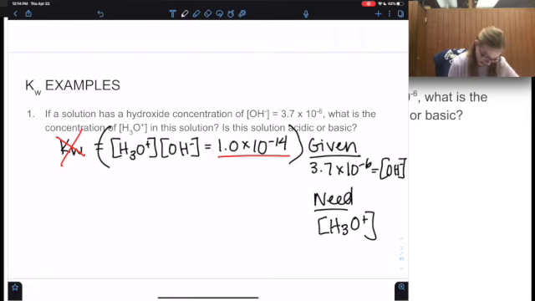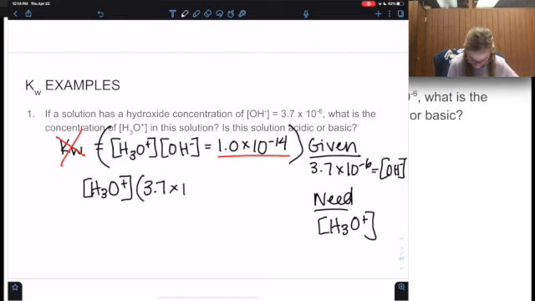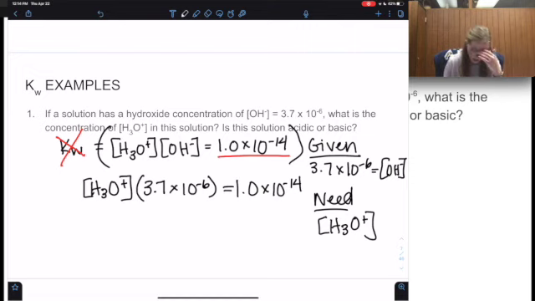So I have the concentration of H3O+. I'm going to leave that alone; I don't know what it is, it's what I'm looking for. I'm going to multiply that by 3.7 times 10 to the minus 6, and that equals 1.0 times 10 to the minus 14. Now I just need to solve for my concentration of H3O+.